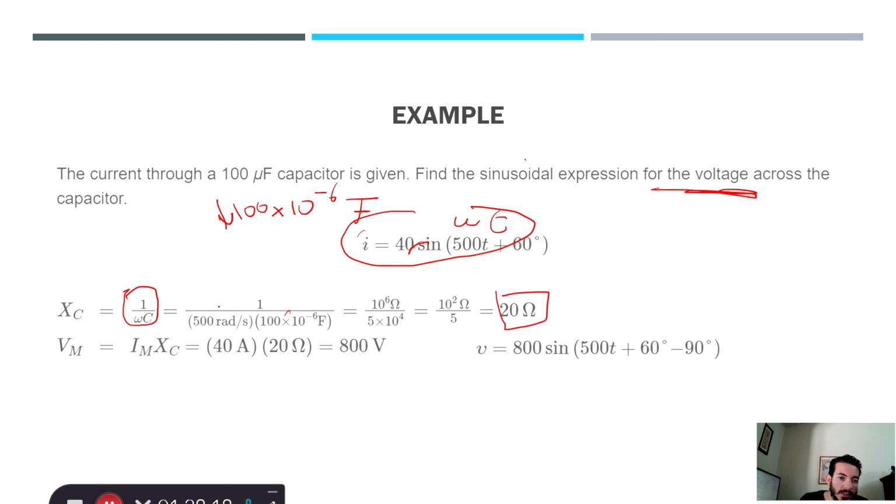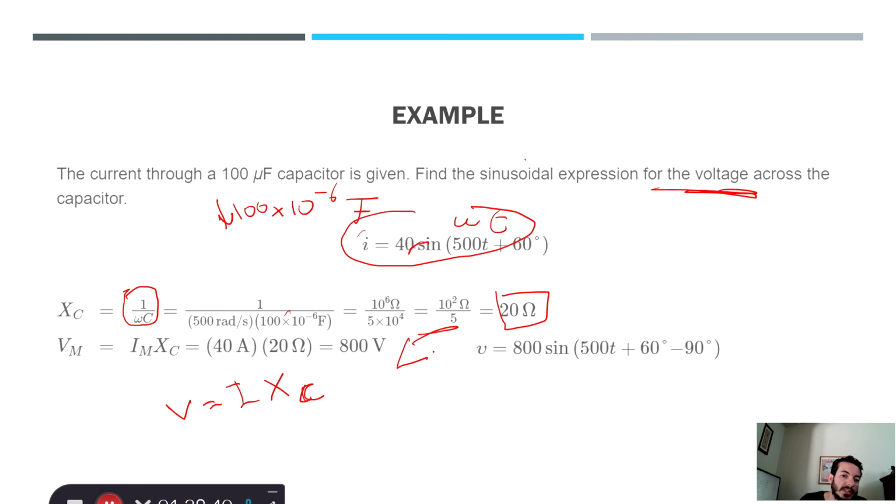And the voltage is simply the current times the reactance. Remember Ohm's law, V equals IR, but in AC we talk about reactance, in this case of the capacitor. So that is going to be voltage. The current is 40 amps and the reactance is 20 ohms. So that gives us a total of 800 volts.